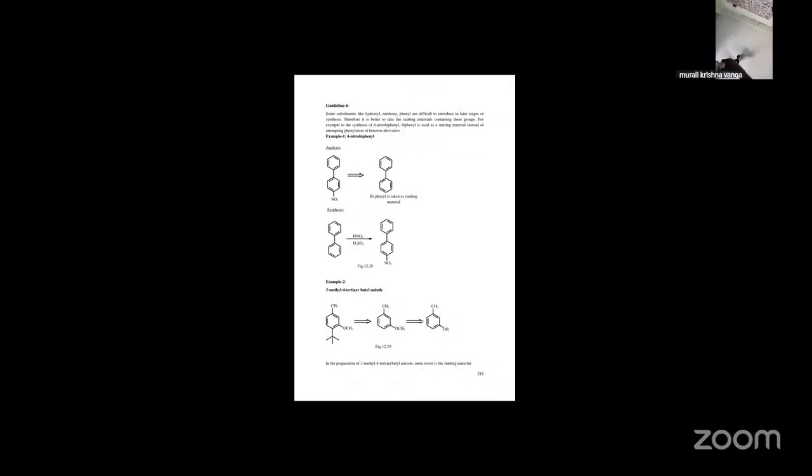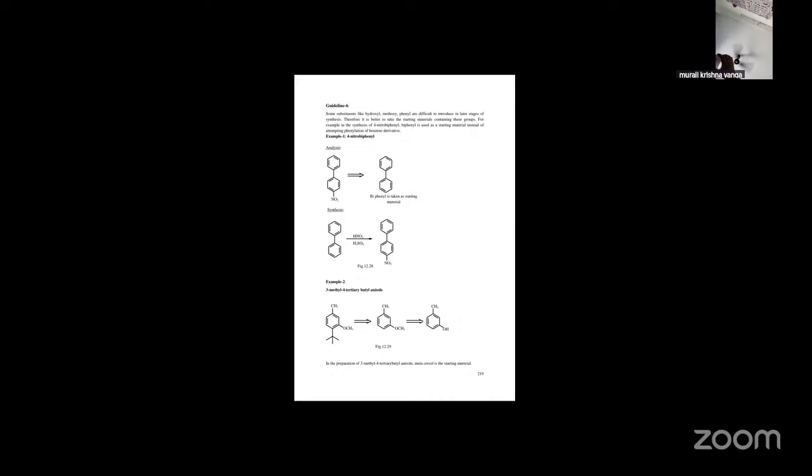Excellent. Guideline 6: some substituents like hydroxyl, methoxy, and phenyl are difficult to introduce in later stages of synthesis. Therefore, it is better to take starting materials considering these groups.